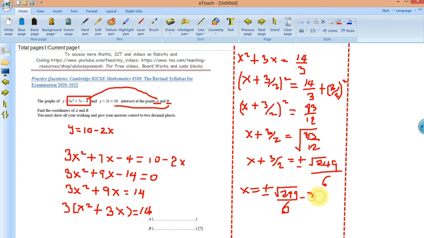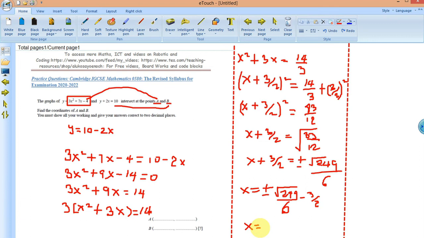So the two possible values of x, as in roots of the equation, values of x that satisfy the equation, are plus root 249 over 6 minus 3 over 2, and minus root 249 over 6 minus 3 over 2. Let's go with the first one first.